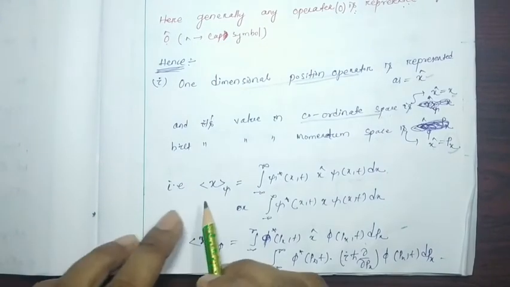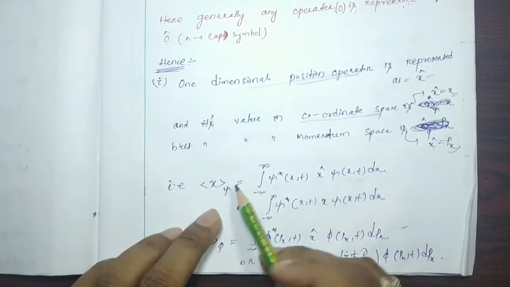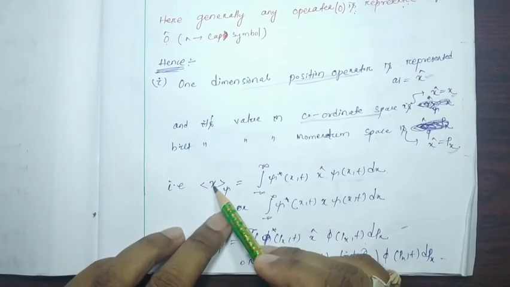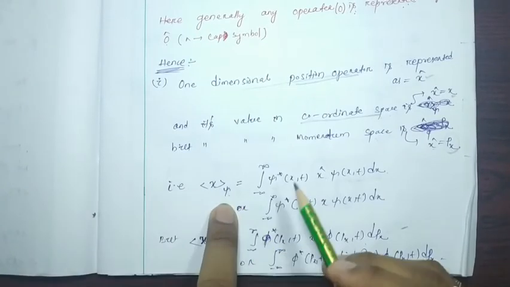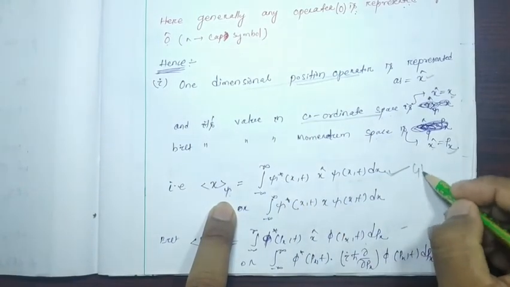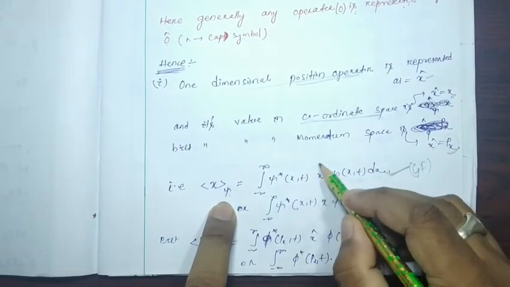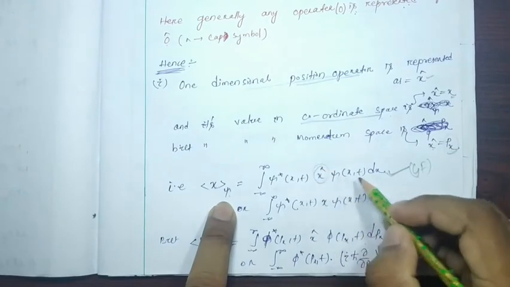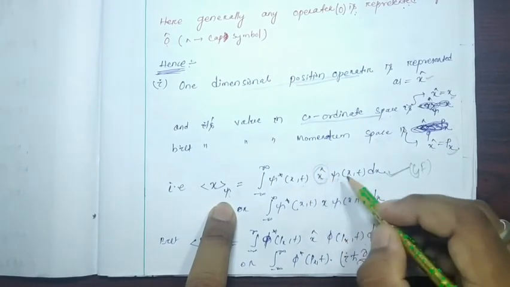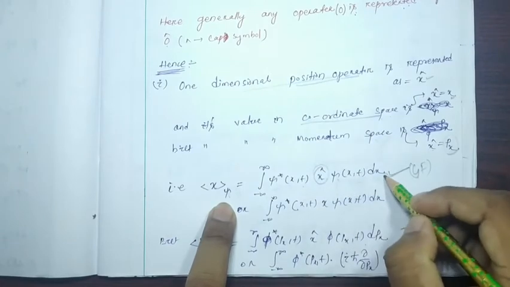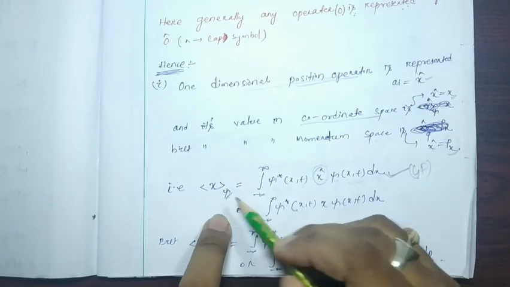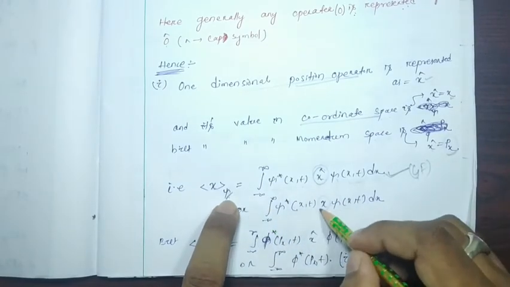Now we can write the expectation value of position in coordinate space in the general form: psi star x t, the position operator, psi x t dx, but this operator for coordinate space will be x.